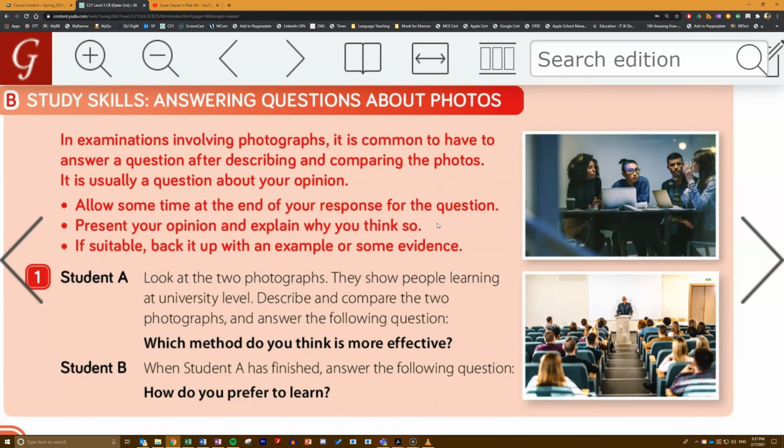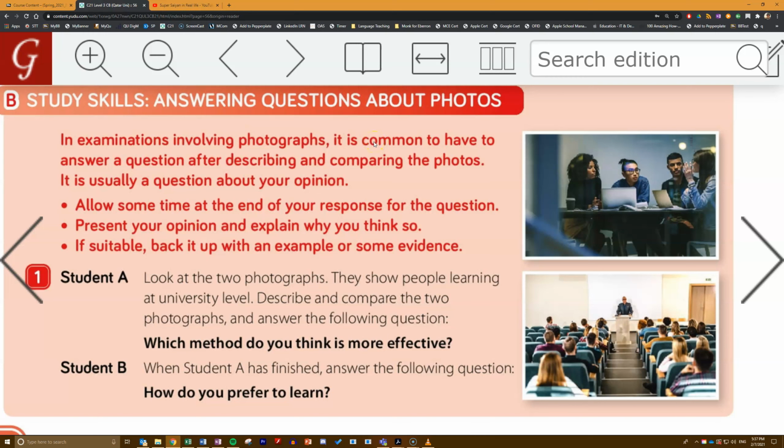In your exams, especially the speaking exams, it is very common to have to talk about, describe, compare, and contrast pictures. Then after that, you generally have to answer a question about those pictures. It's usually a question about your opinion.